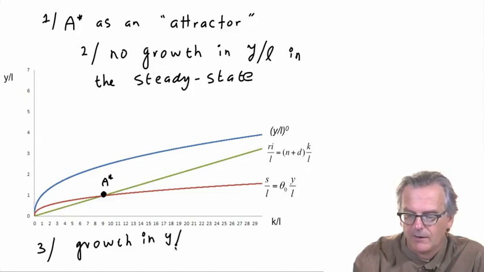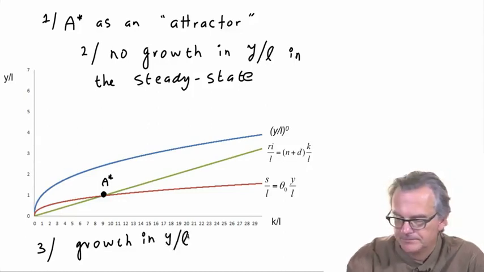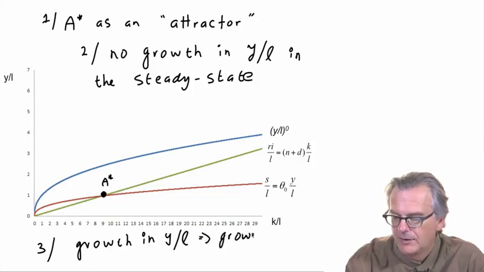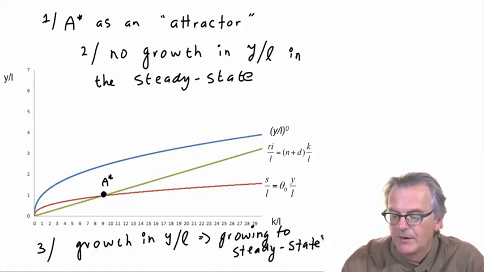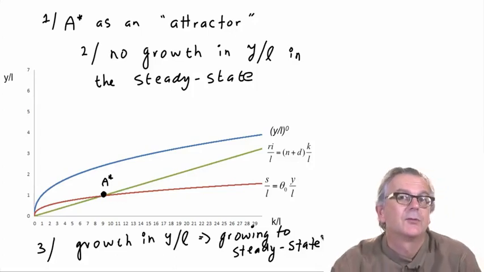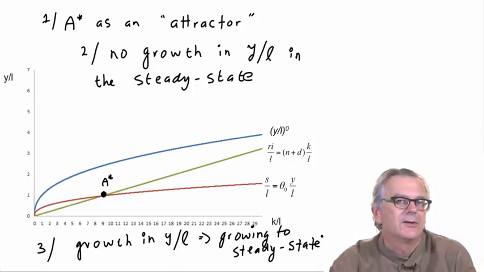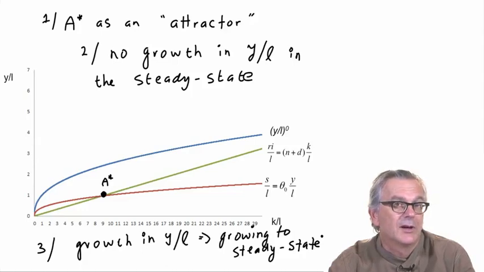Growth in per capita income is actually the economy growing to the steady state. But as we previously discussed, that has with it the implication that there must come a point in time where growth stops, where the resources that are made available through saving cover replacement investment, but no more.